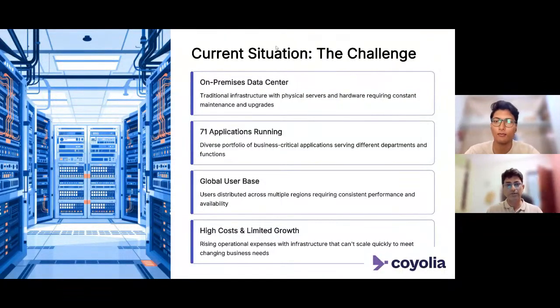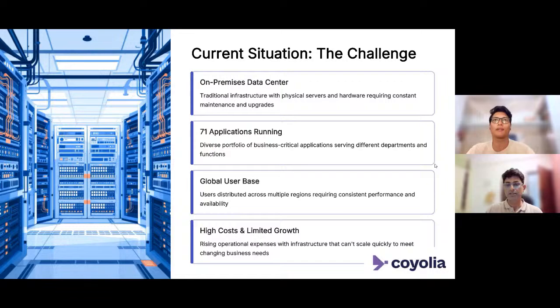Yeah, visible. Okay. So there is a current scenario where a company has around 71 applications running in their own data center, and the number of users is increasing as the business is growing. In this case, the customer wants to migrate from on-premises, or say their own data center, to the cloud.